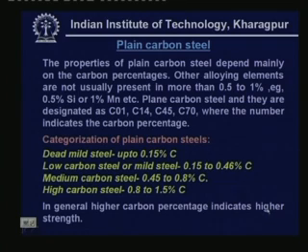Although primarily dependent on carbon percentage, other alloying elements are also present. The extent of the other alloying elements is more or less within 0.5 to 1%. Say, for example, we can have 0.5% silicon or 1% manganese, etc. That means the alloying elements are given in a low amount.